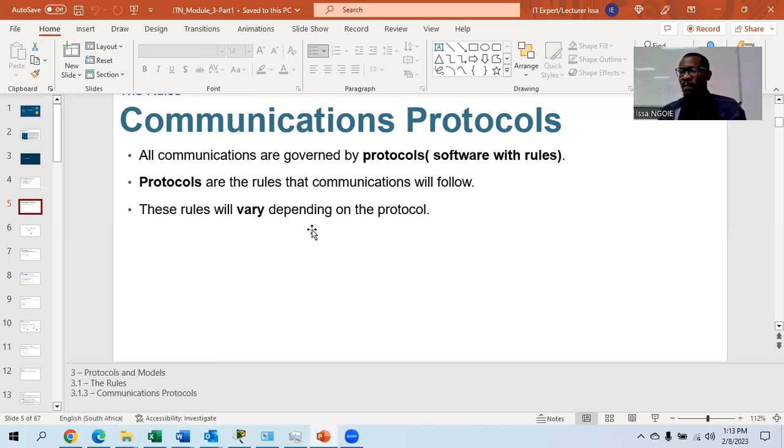If I want to summarize: protocols are the rules, the principles, that your devices need to follow for better communication. So computers can talk, you can send your emails, you can be connected to the internet, because they are following the same principles.